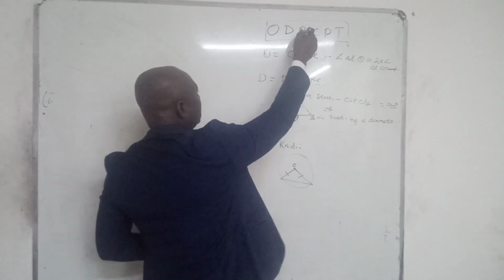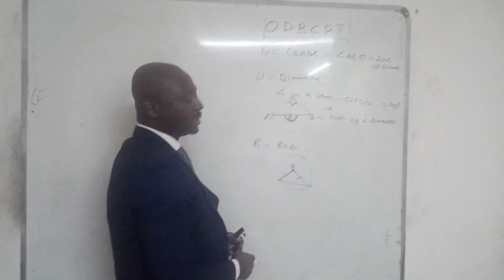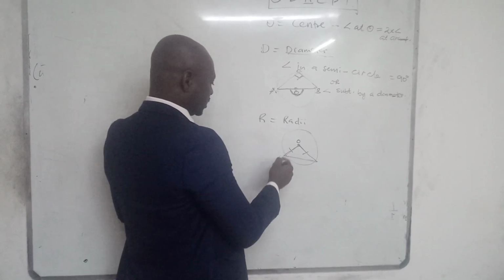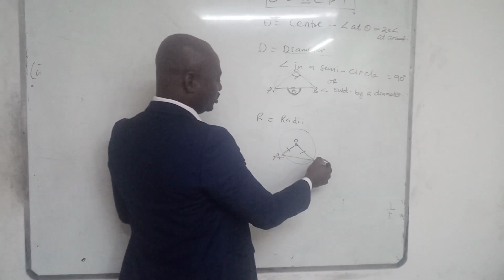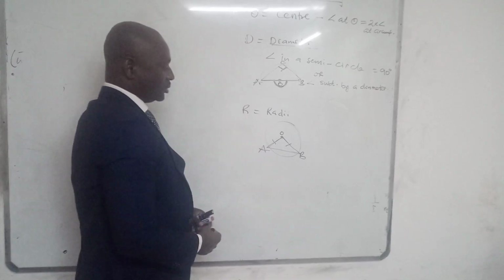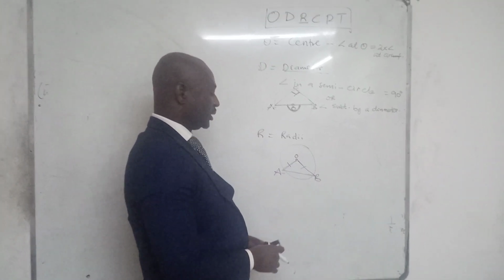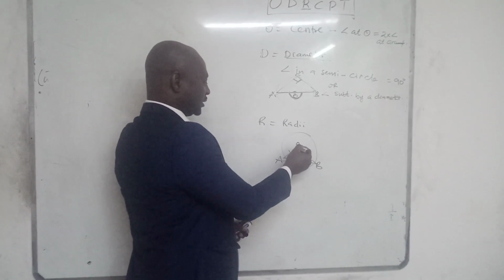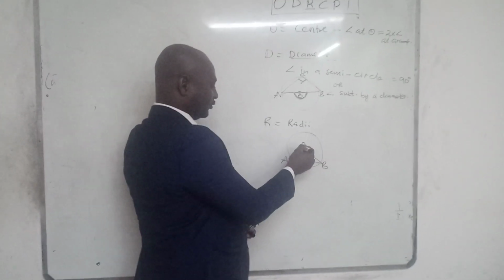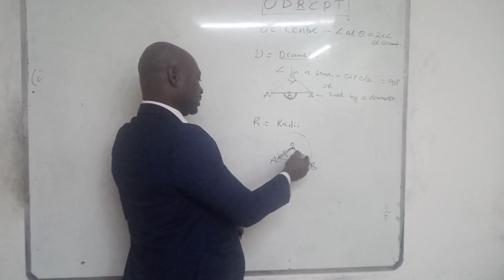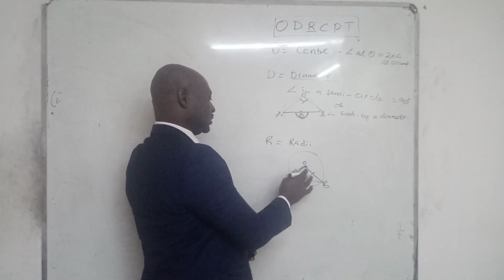So now R stands for radius or radii. When you come to the exam, let's say they give you in the circle below that AOB is given, such that OA is equal to OB. That means you are moving from the center to the circumference. So both lines are radii.